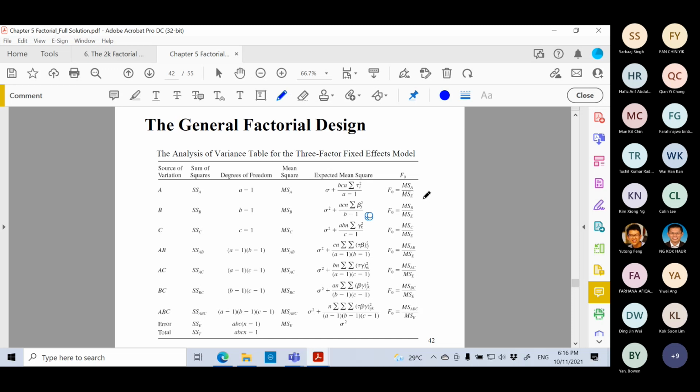Then from the complicated model, the full model with factor A until factor ABC, you can reduce it to the simplified model. Those that are not significant, you can remove away. So this is for the general factorial design.